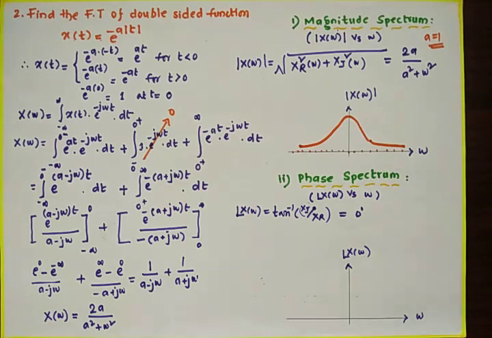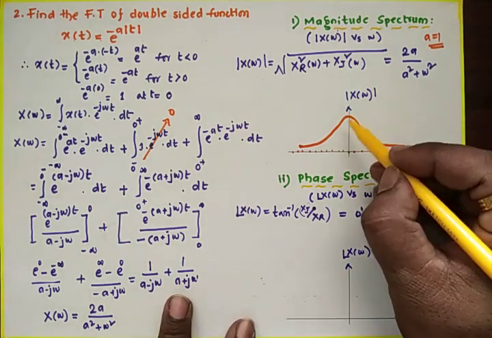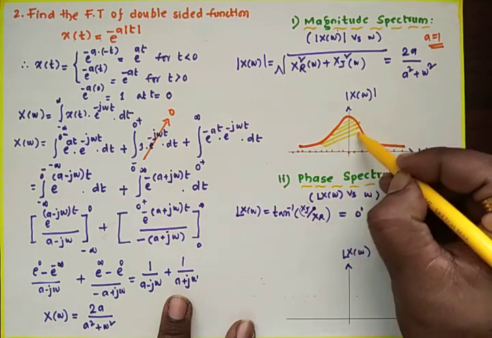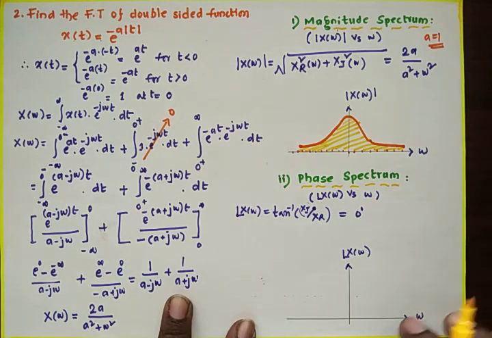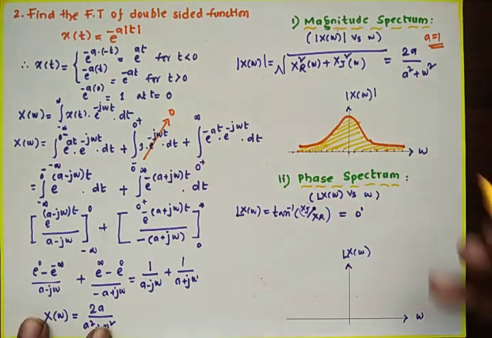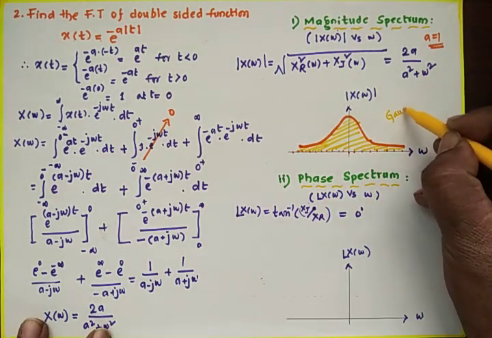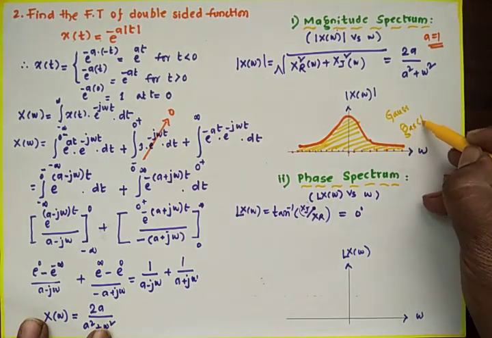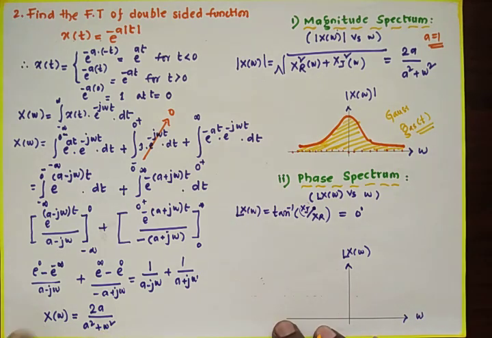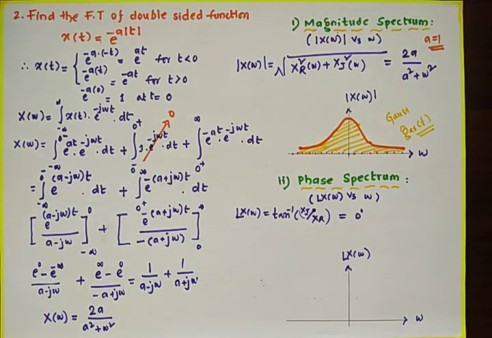In the last class I explained the Gaussian function by substituting various values of omega, and we can get the magnitude spectrum. That is nothing but a Gaussian function. The Gaussian function is denoted by g of t. We have studied this is nothing but the magnitude spectrum of the double-sided x of t is equal to e to the power of minus a into modulus of t.